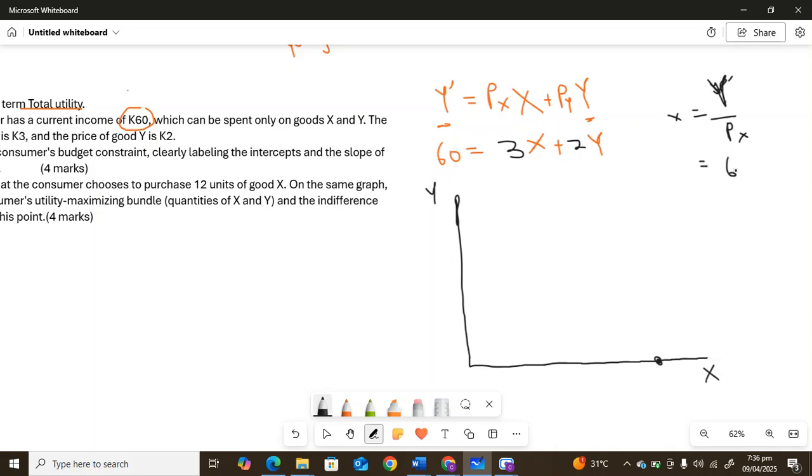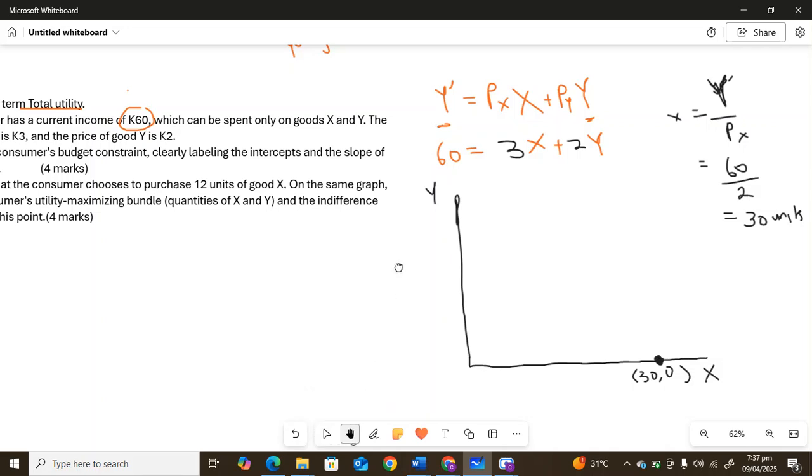So our income is 60 kwacha, the price of good x is 2 kwacha, so we can buy 30 units of good x. So here at point x, we can buy 30 units of good x and 0 units of good y, because remember, we're spending all our money on good x. So this is our x-intercept.